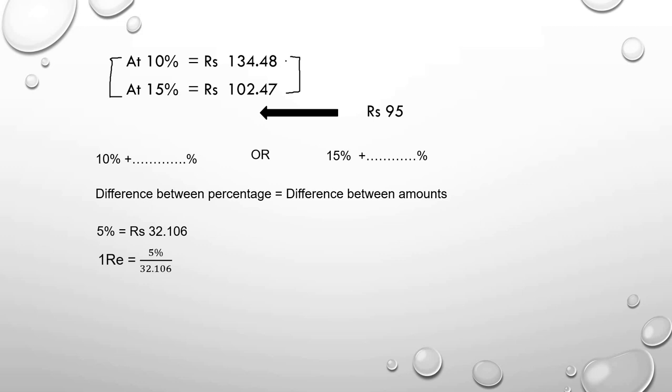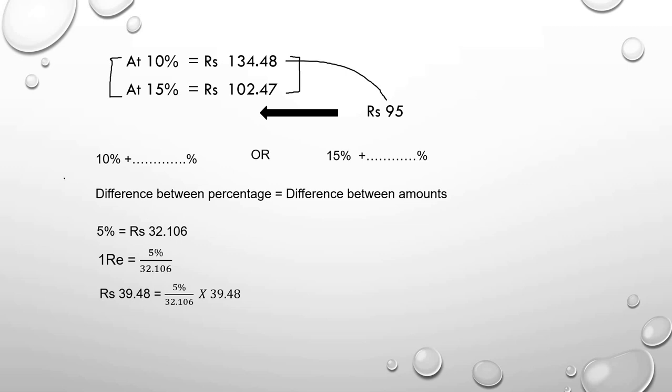So I'll take the difference of 134 and 95. And if you see the difference of 134 and 95, it comes to be 39.48. So now I am going to see how much the percentage increases when the difference is 39.